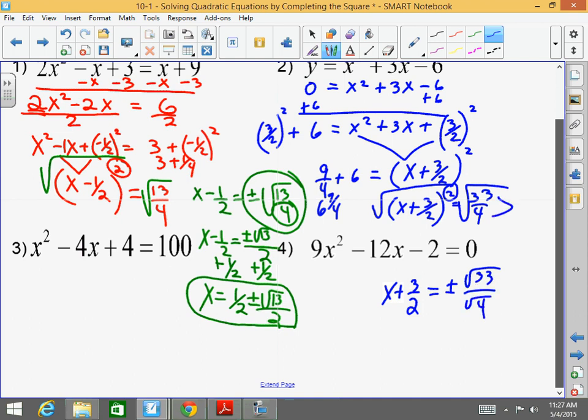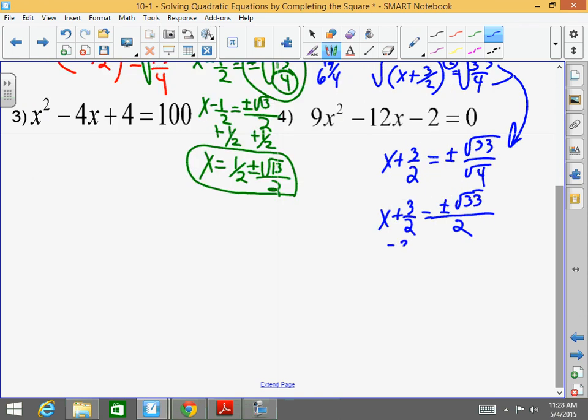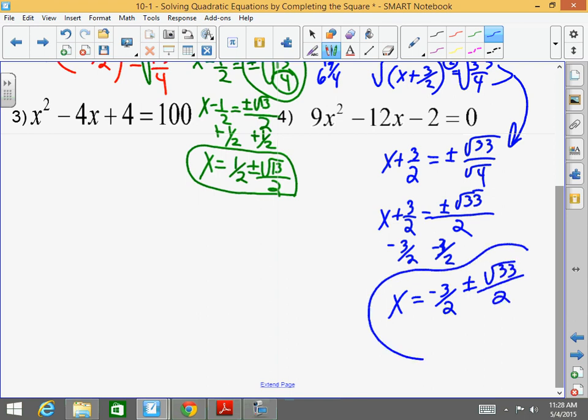I'm going to go ahead and individualize those because my life will be easier. Now I go x plus 3/2 equals plus or minus the square root of 33 over 2, because the square root of 4 is 2. Then I subtract 3/2 from both sides, and x equals negative 3/2 plus or minus the square root of 33 over 2.